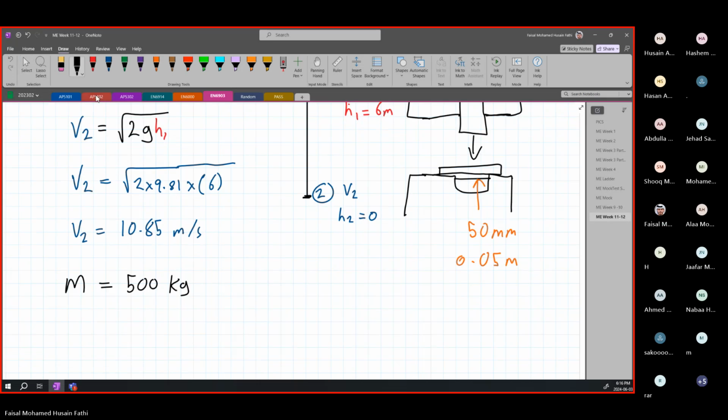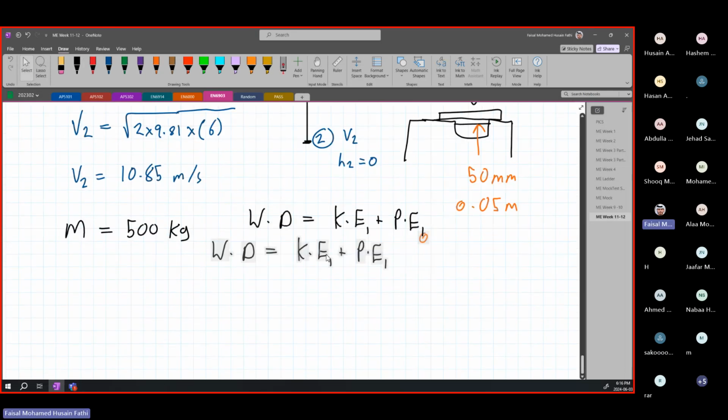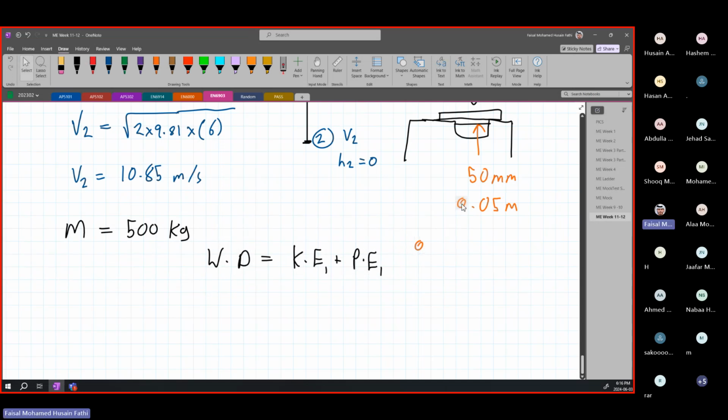Because remember, work done is going to be equal to the kinetic energy, right? We're not talking about work loss. Work done is equal to the total energy. So in other words, we're talking about the total kinetic energy plus potential energy at one point. So at either one, or you can say it's also equal to the kinetic energy plus potential energy at point 2.